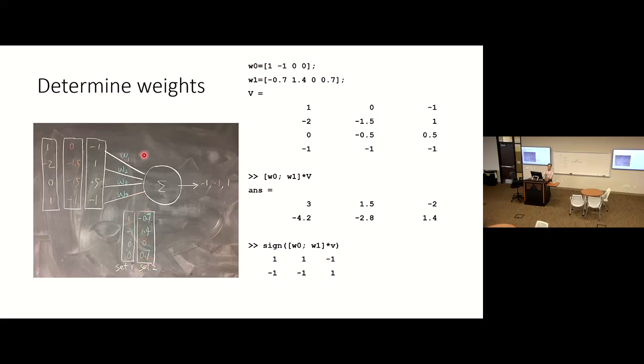When I set my neuron in this way, then I try these 3 training data. When I try the first column of data, the first point, it will give me -1. The second will give me -1. The third will give me +1. Okay, so that's what I expected.